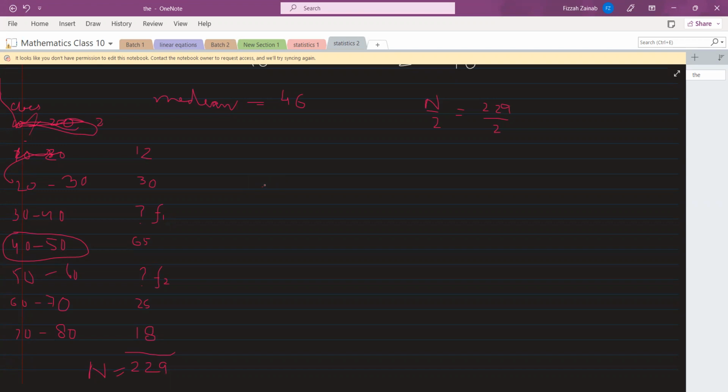So that means you know small l now. How much is small l? It is 40, the lower limit of your median class, right? And the corresponding frequency of your median class is 65, as you can see.